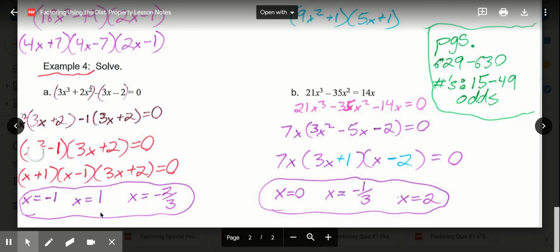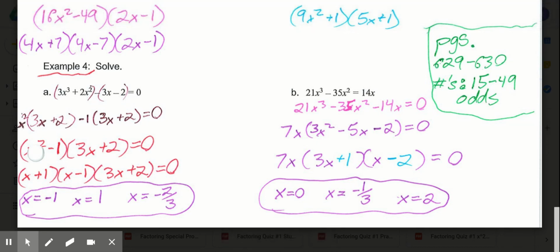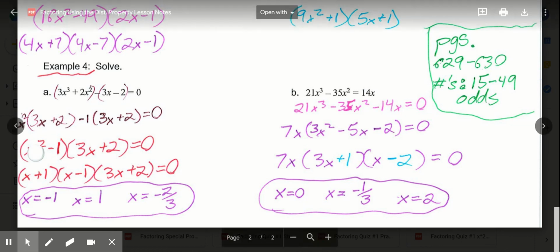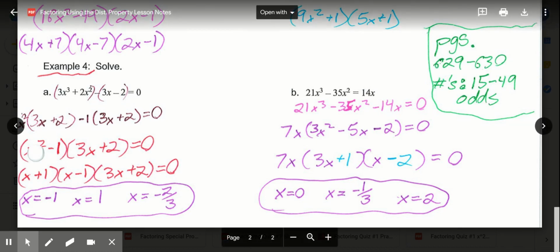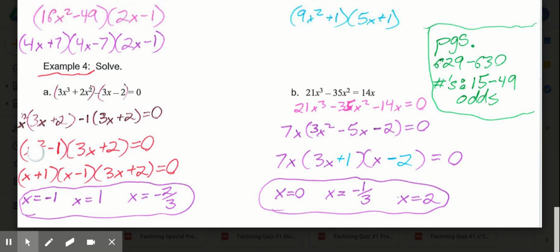Then in B, we have to rewrite it in standard form. So 21x to the third minus 35x squared minus 14x equals 0. Factor out the greatest common factor, which is 7x. We're left with 3x squared minus 5x minus 2 in parentheses equals 0. Factor the trinomial on the inside.